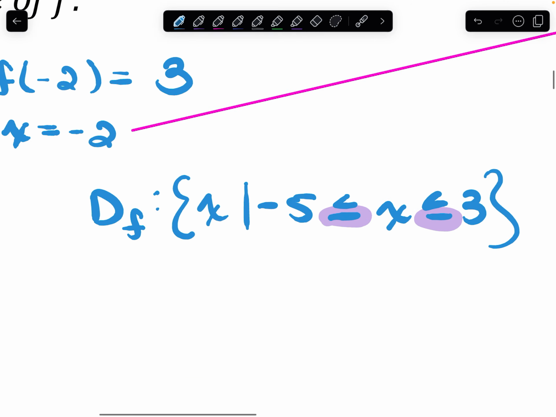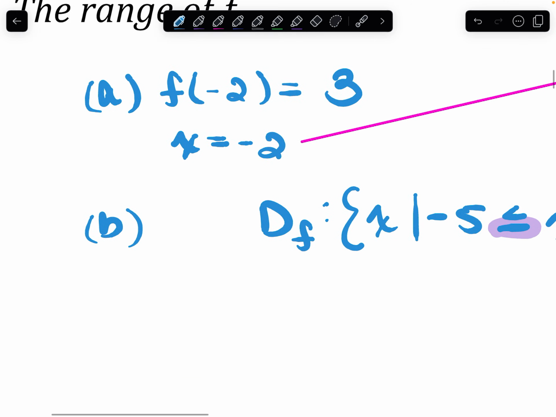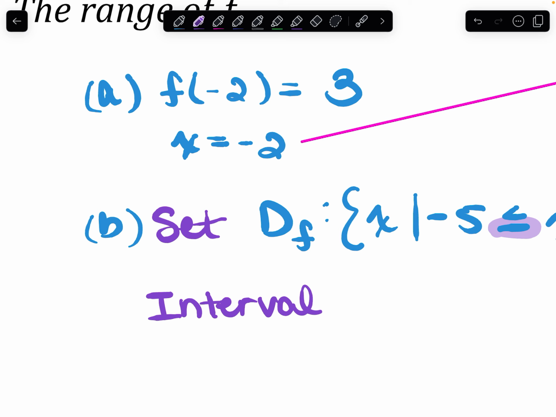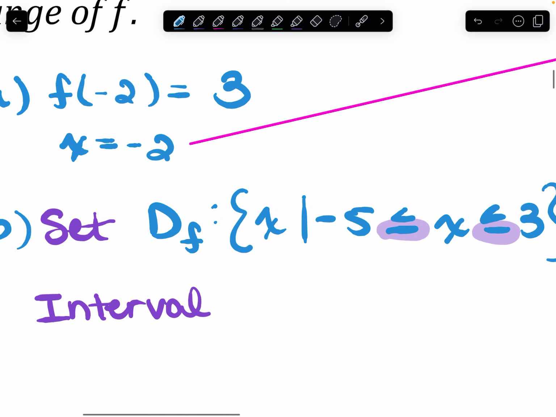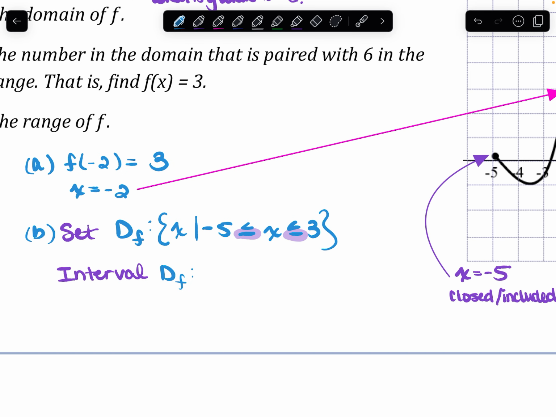For the interval notation, we'll label them both so you know which is which. So this was set, and this one's going to be interval. Interval notation uses what are called parentheses and/or brackets to write out the function's domain and/or range. Basically with interval notation, you translate the inequality in the back of your set notation to an interval.